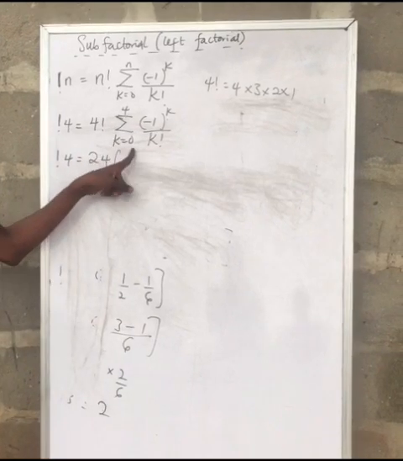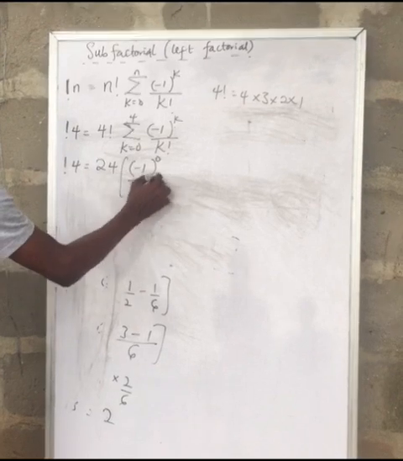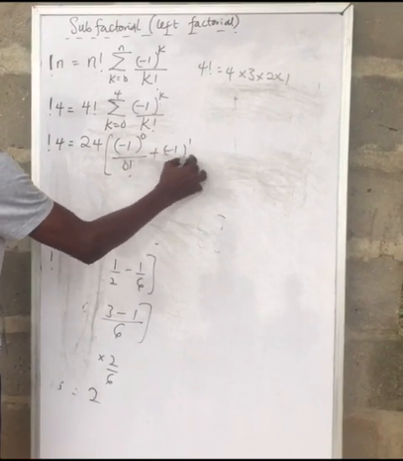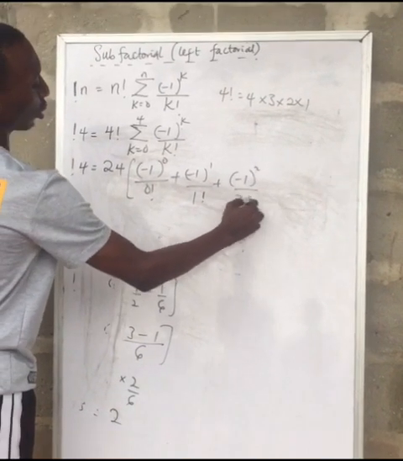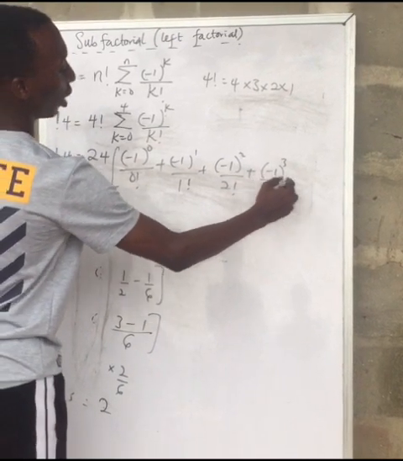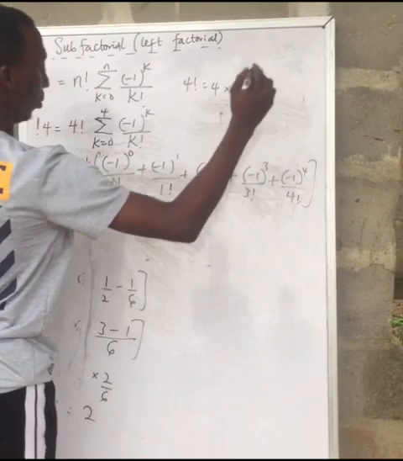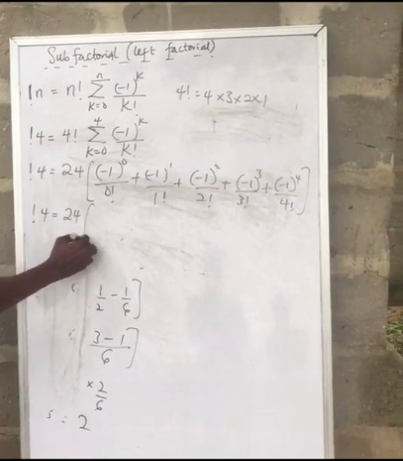We are taking k from 0 now to 4. So we have (-1)^k over k factorial. When k is 0, we have (-1)^0 over 0 factorial, plus when k is 1, we have (-1)^1 over 1 factorial, when k is 2, (-1)^2 over 2 factorial, when k is 3, (-1)^3 over 3 factorial, and when k is 4, (-1)^4 over 4 factorial. The subfactorial of 4 will now be 24 open bracket.